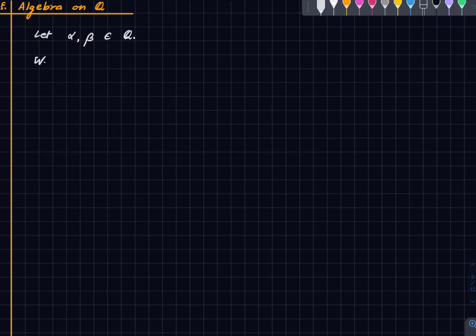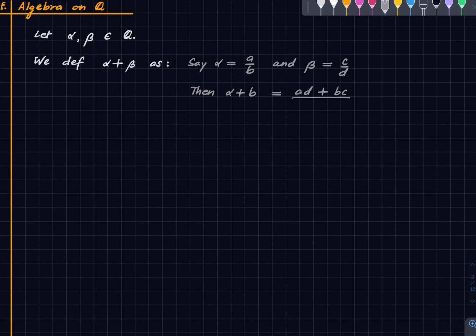We define alpha plus beta as follows. Say alpha is equal to a by b and beta is equal to c by d, then alpha plus beta is defined as (ad plus bc) upon bd.